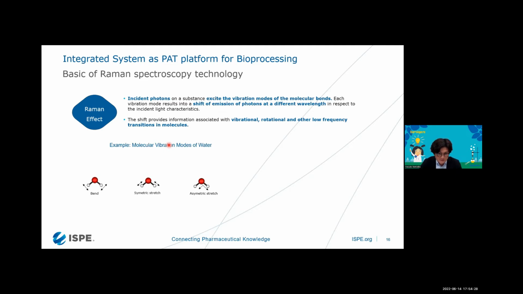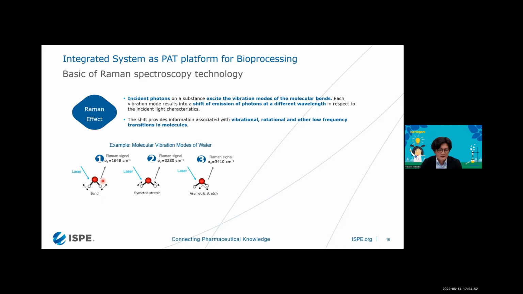So this is an example of the water molecule. A water molecule has 3 vibration modes. One is the bending, another is the symmetric stretch, and the other is the asymmetric stretch. If a laser is emitted to this molecule, then a Raman signal is a response from this molecule.